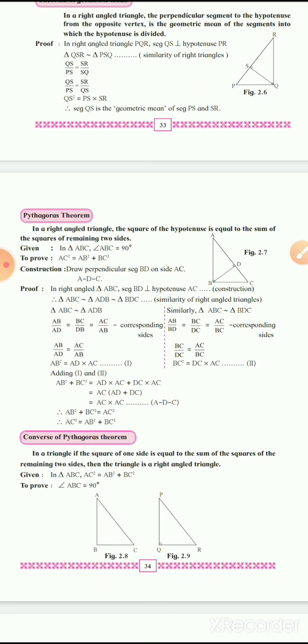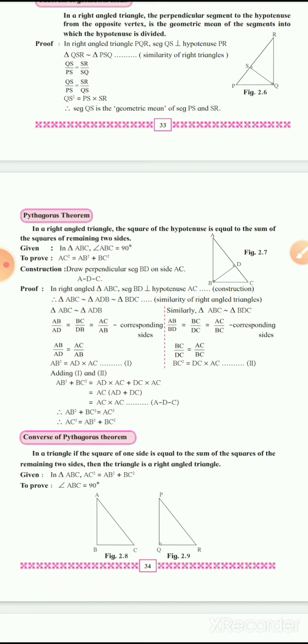So let us see the proof. In right angled triangle ABC, seg BD is perpendicular to hypotenuse AC. Here triangle ABC is a right angled triangle, and in it seg BD is perpendicular to hypotenuse AC.